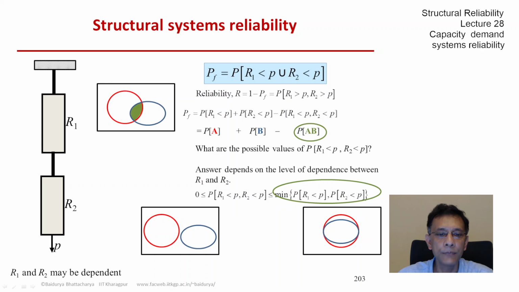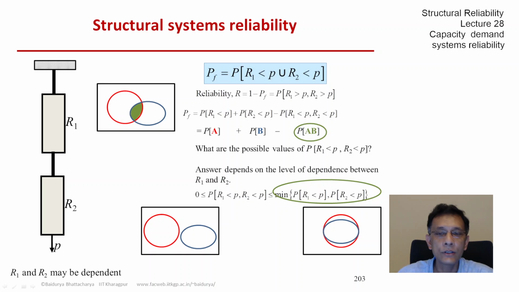The other extreme is when one is completely contained in the other. So P of A intersection B is either PA or PB, depending on which one is smaller, and so that would be the highest possible value of the intersection.